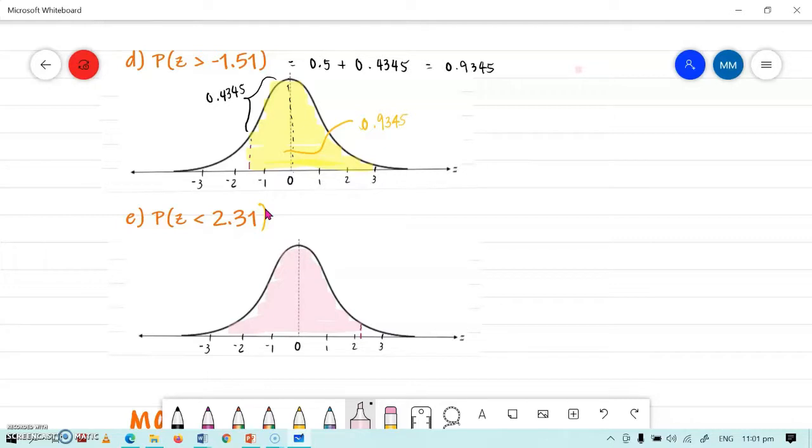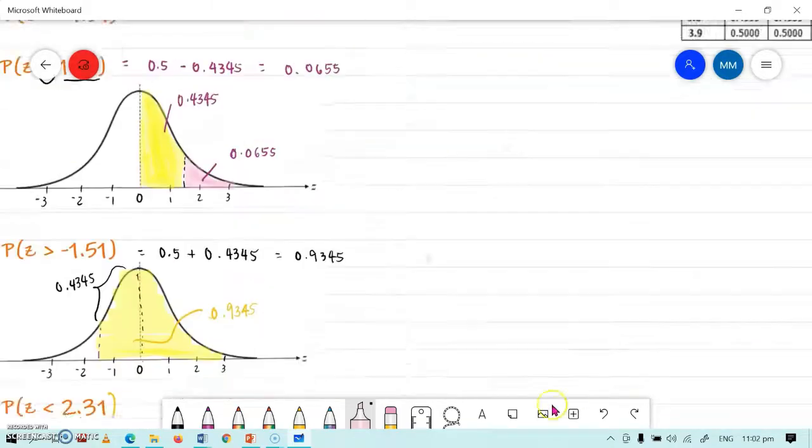Okay, we need to find the area of the entire shaded region. Using the table, we can get the area from 0 going to 2.31. So from 0 to 2.31, let's use our z table here. 2.31 is equal to 2.3 and 0.01.